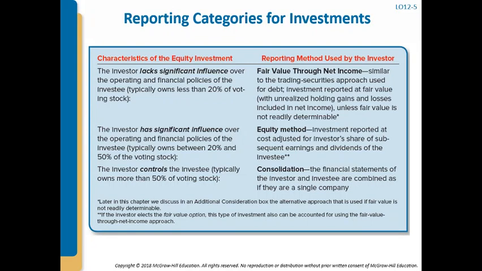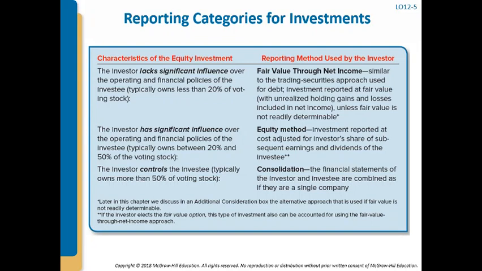If a company owns less than 20% of the voting stock in another company, then it's presumed that the investor lacks significant influence over the operating and financial policies of the investee.